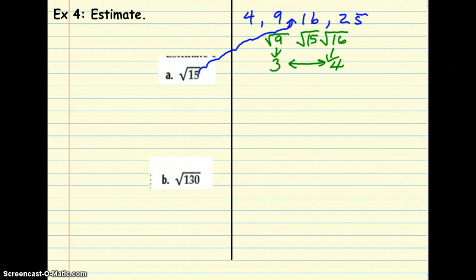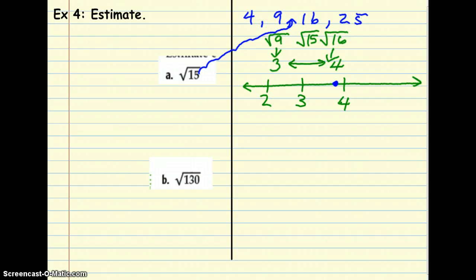Now, 15 is closer to 16, so if I'm going to put this on a number line, I'm going to put my 2, that's the square root of 4, a 3, that's the square root of 9, 4, square root of 16. And now I'm going to graph where the square root of 15 would be, and I know it's going to be a little bit closer to 4 because 15 is closer to 16.